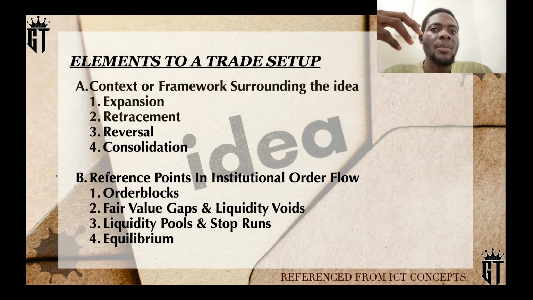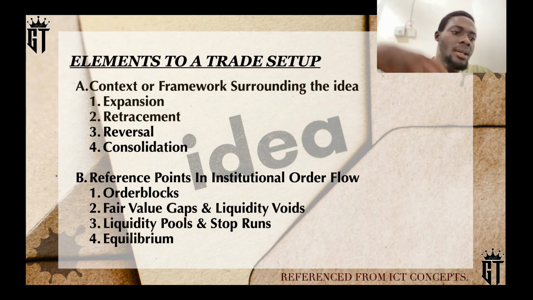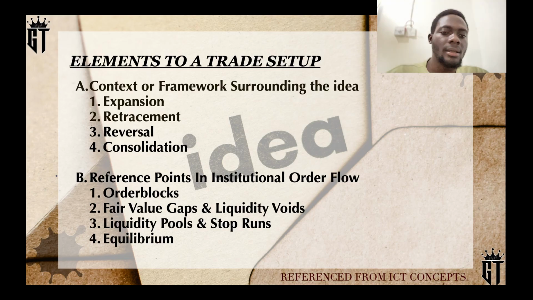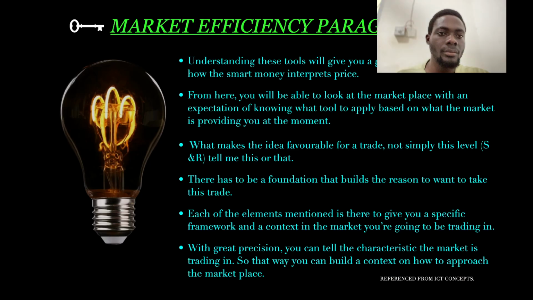Some people may call it confluences. They want to see certain confluences marked out. Okay, A is expansion, B is order block, C is this, C is that. Sorry, that's the framework we are going to be using for our community, and the frameworks we are going to be using to set up our trades.